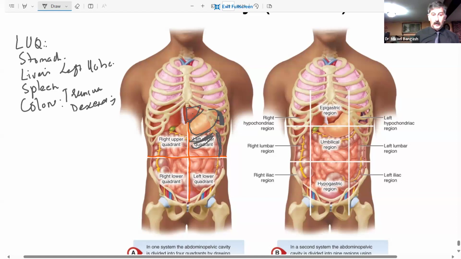Now what you guys may not see is just going to be loops of the small intestine. Most likely, if you want to be specific, of the jejunum.